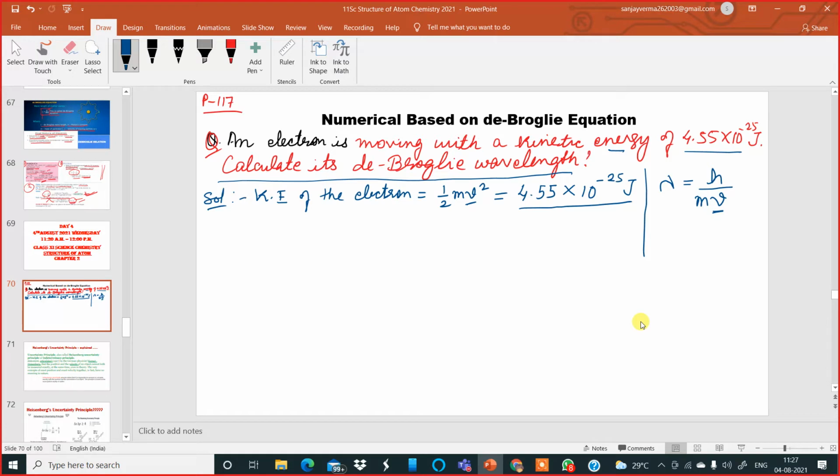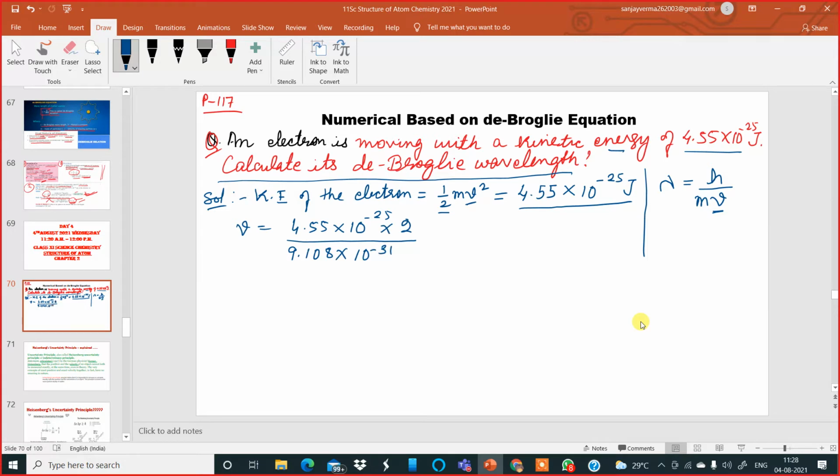In the next line I will get the value of v. v will be equal to 4.55 into 10 to the power of minus 25, this 2 goes up so multiplied by 2, divided by m. m is the mass of the electron, so it is 9.108 into 10 to the power of minus 31.